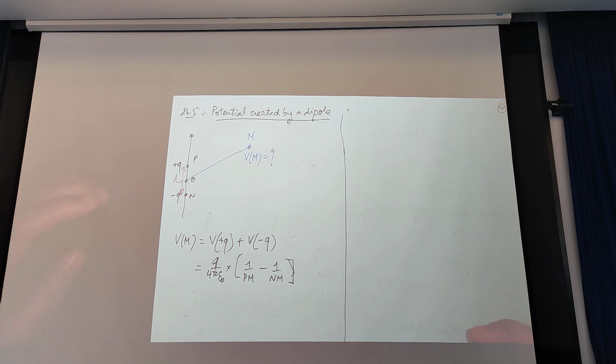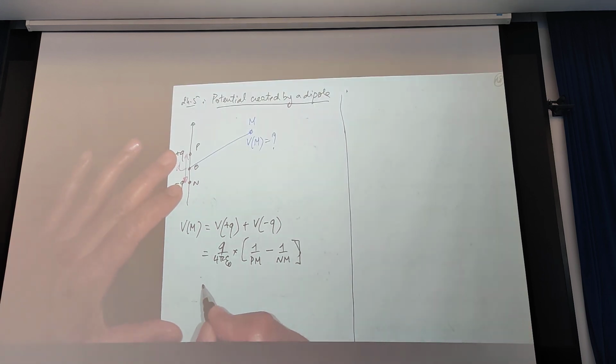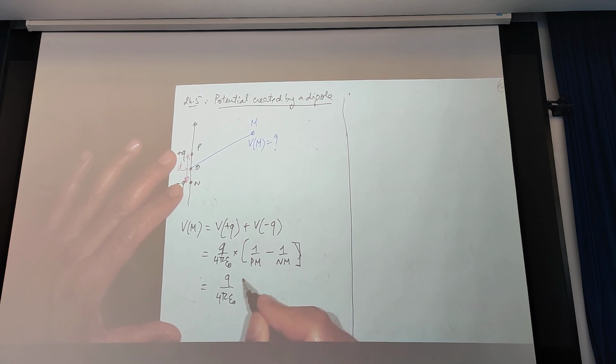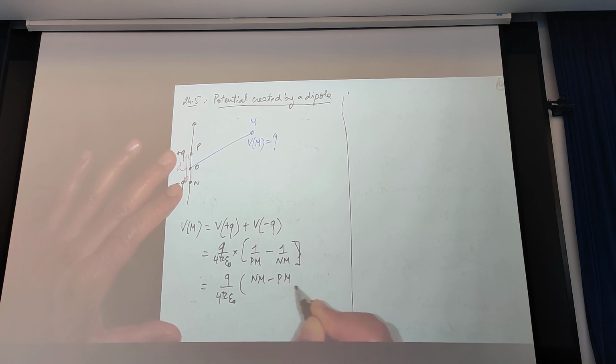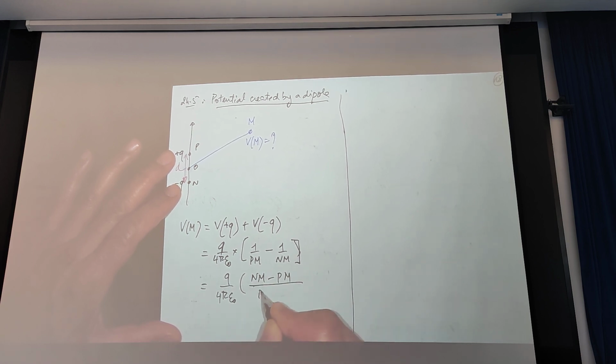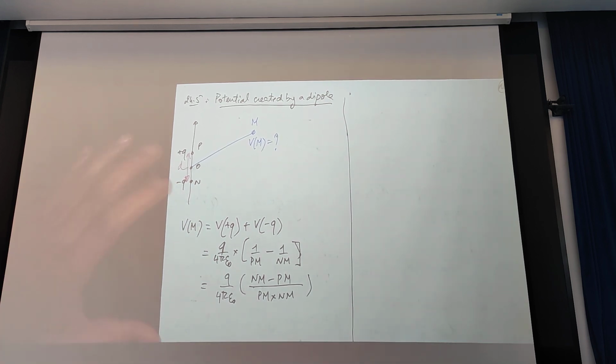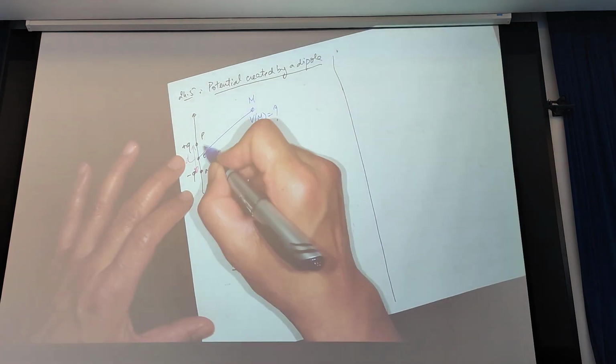Of course, this is the distance NM minus the distance PM over the product of the two. So we need to calculate this distance.